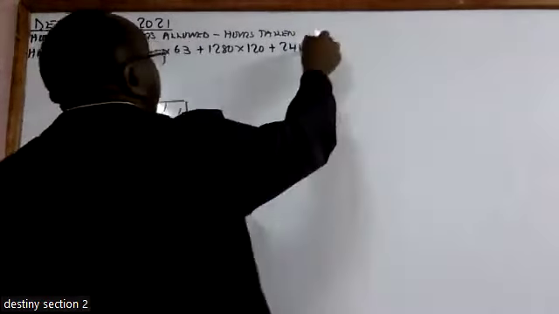All that you divide by 60 because they are minutes, so that we are able to know what was the total time allowed for these guys.